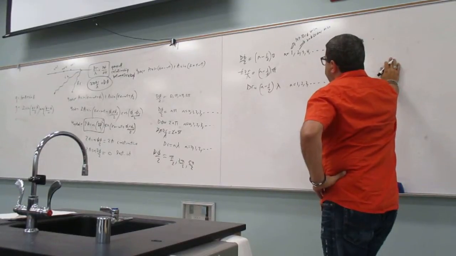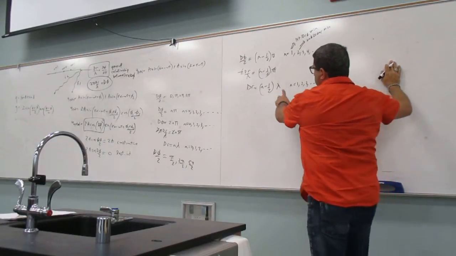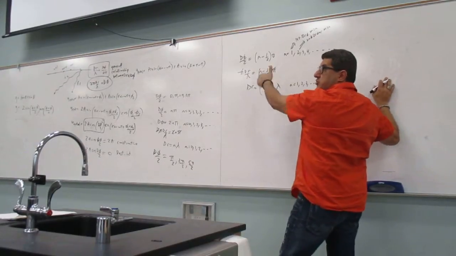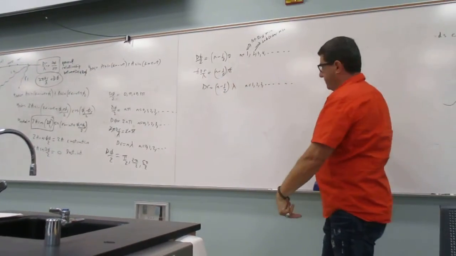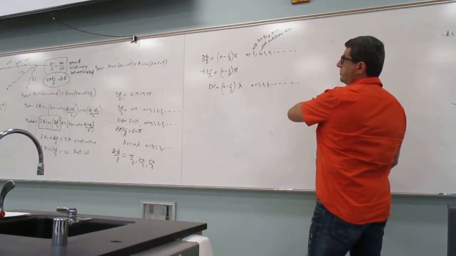Okay, so that means the difference of the path lengths traveled by the waves needs to equal half integer multiples of wavelengths for them to have complete destructive interference. Okay, good. So now how do we relate this to what we're going to do now?